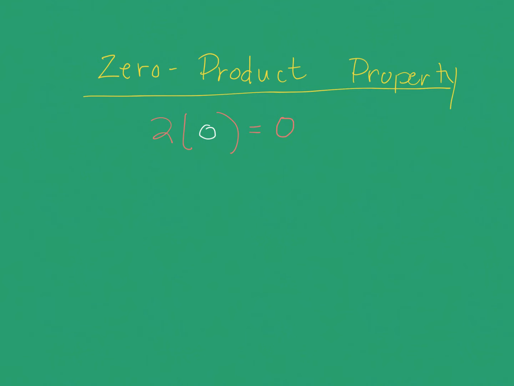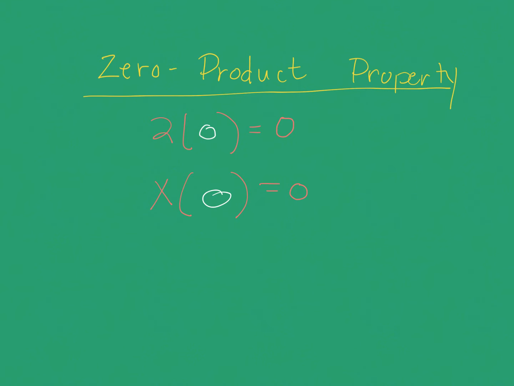Now, that is all that the zero product property tells us. If we have anything, and we don't know the value of what anything is, we can call that x. If we multiply it by something and the result is 0, then that something had to be 0.